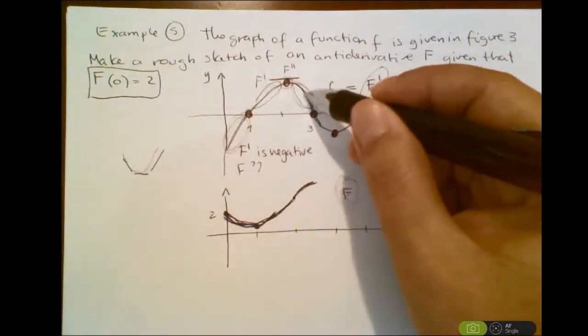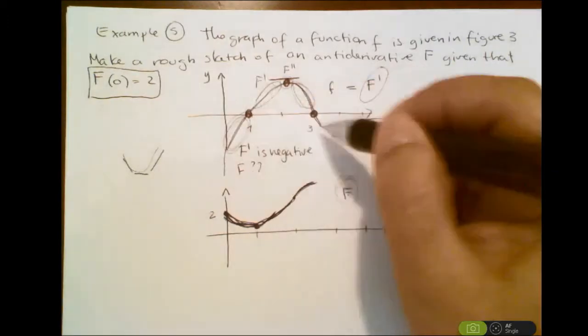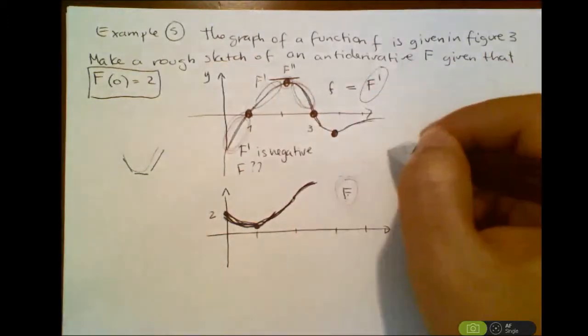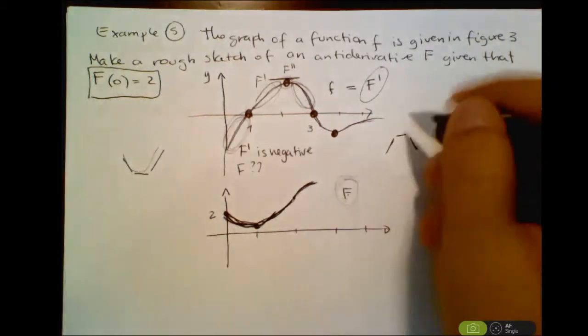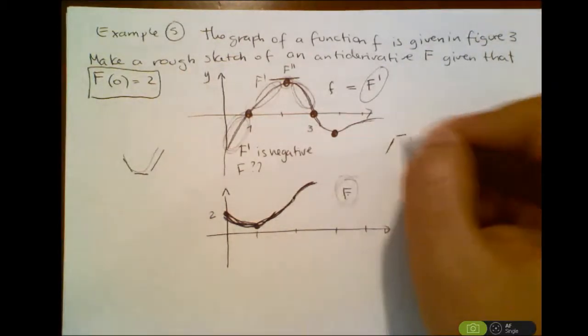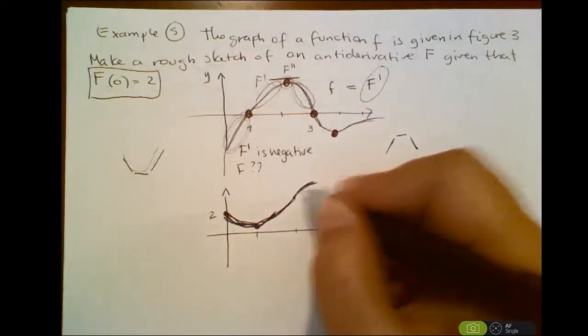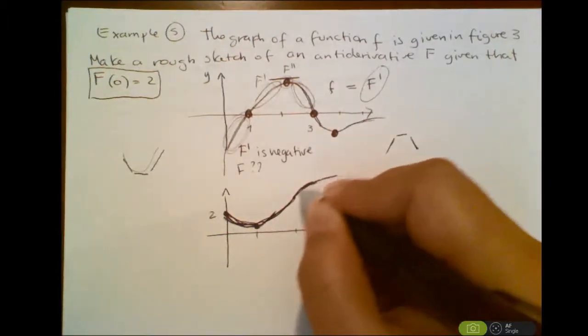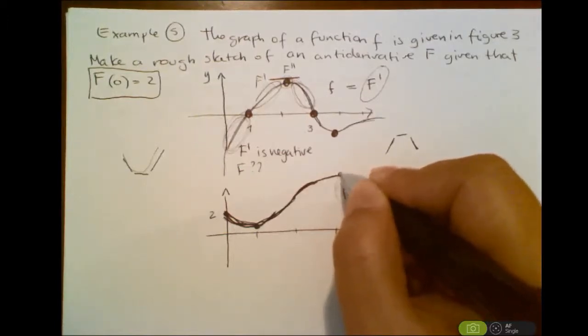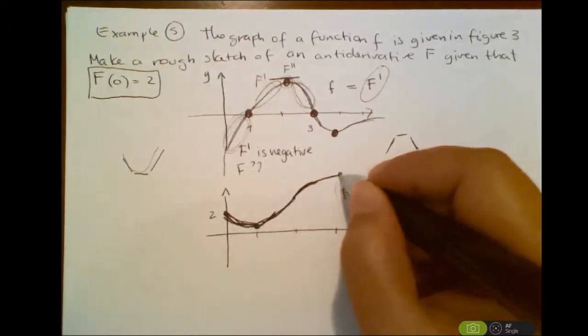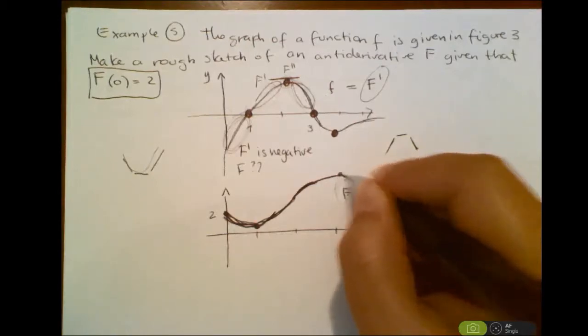You see how it goes from positive to negative. So when the derivative changes from positive to 0 to negative, we have a relative maximum. So at 3 I know I have a relative maximum, so I'm going to make the jump all the way up to 3, where this is the highest point. So definitely from here it's going to go down.